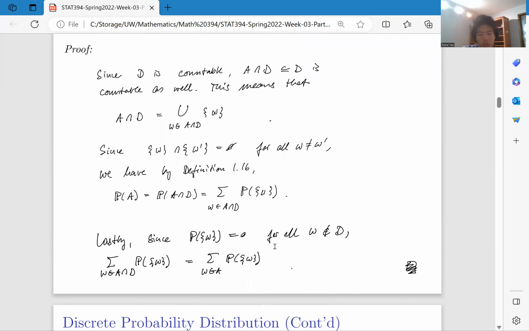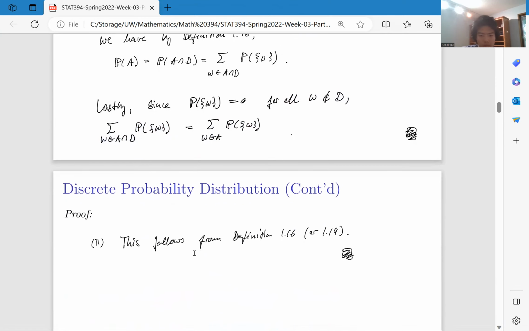So lastly, because for all the simple events not belonging to D, the probability of them is 0, we got this lastly: the sum of all the simple events inside A intersect with D is equal to the sum of the probability of every simple event in A.